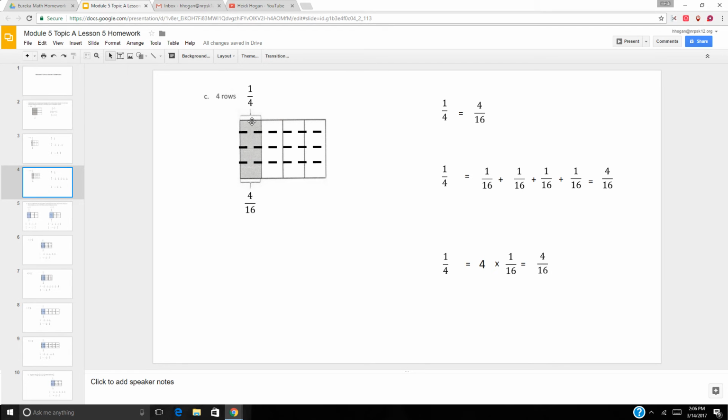And 1/4 equals 4/16. Or 1/4 equals 1/16 plus 1/16 plus 1/16 plus 1/16, which is what we wrote here, which equals 4/16. Or 1/4 equals 4 times 1/16.